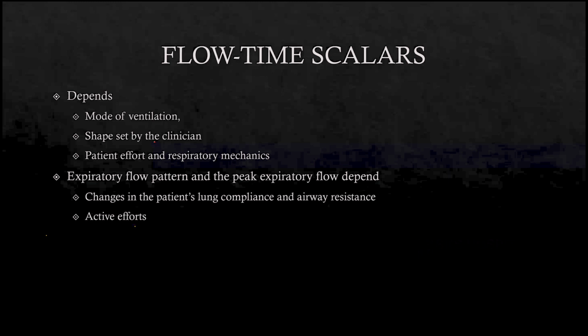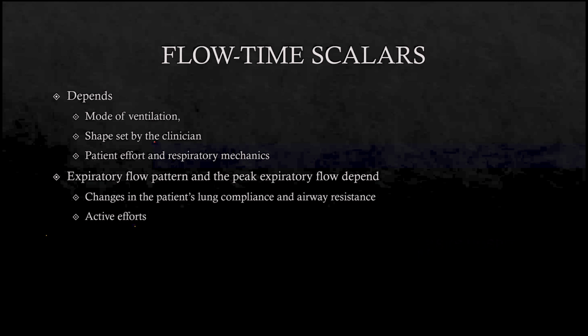So the flow time scalar does permit in certain ventilators, or in certain times, maybe not always, to determine the flow characteristics to some variable extent, where of course the bias flow plays a role, how the slope of the ramp or the ascending ramp plays a role, whether you want a square wave pattern, whether you want a decelerating pattern, all these make a difference. And it also, of course, depends on the patient effort, and most importantly on the respiratory mechanics. So these are all factors which determine the flow time scalar.